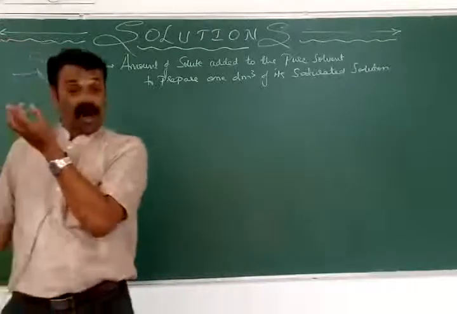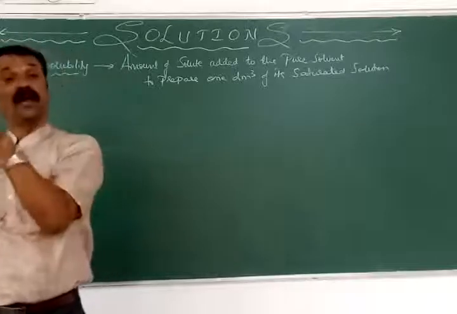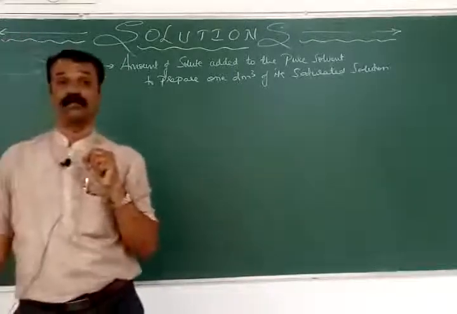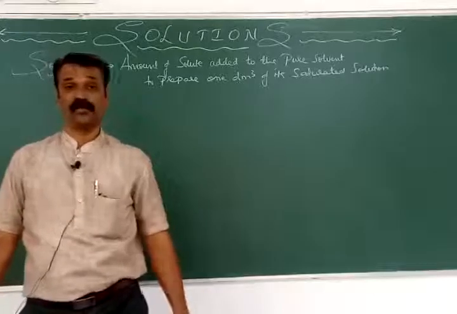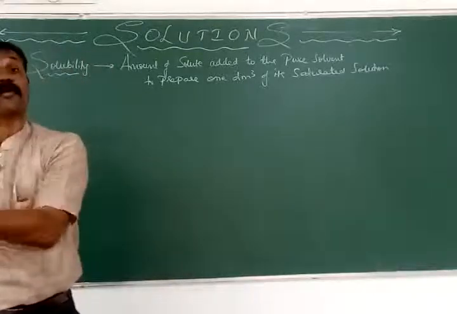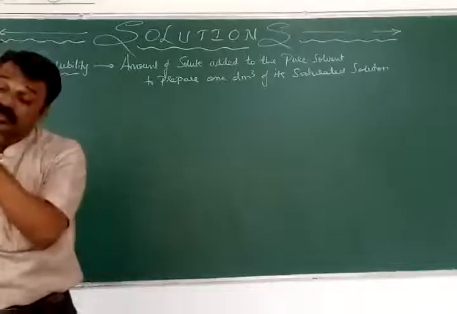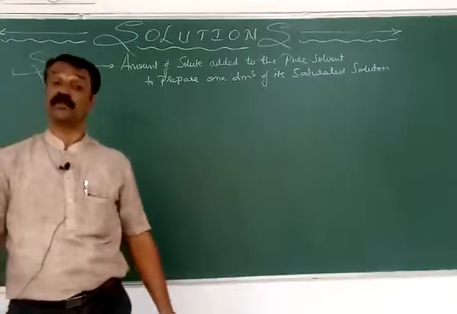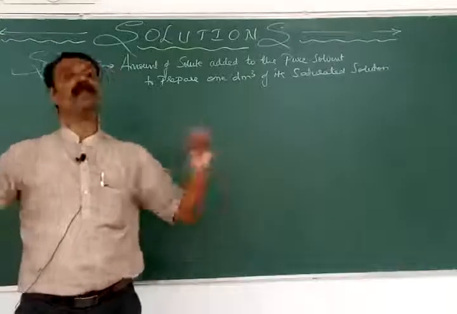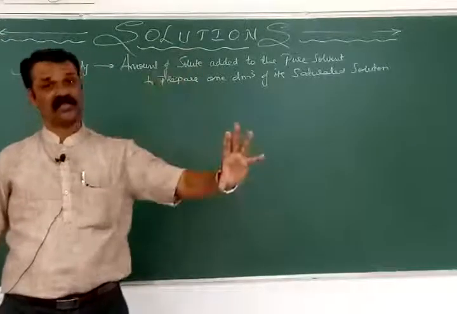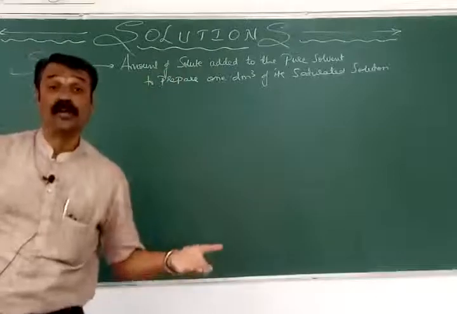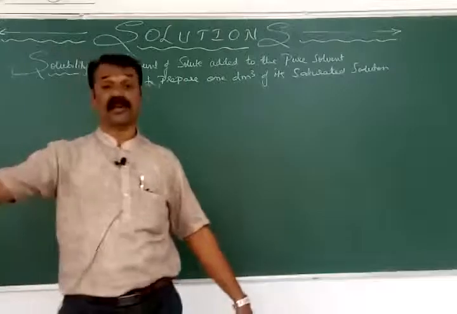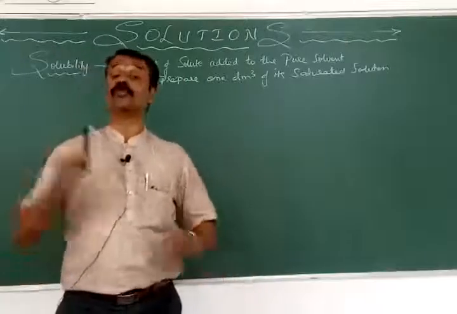If the amount that we have added is found to be in excess as compared to the volume of the solvent, it is called supersaturation. That is indirectly the formation of precipitate, because the excess solute particles settle at the bottom, and that process is called precipitation.